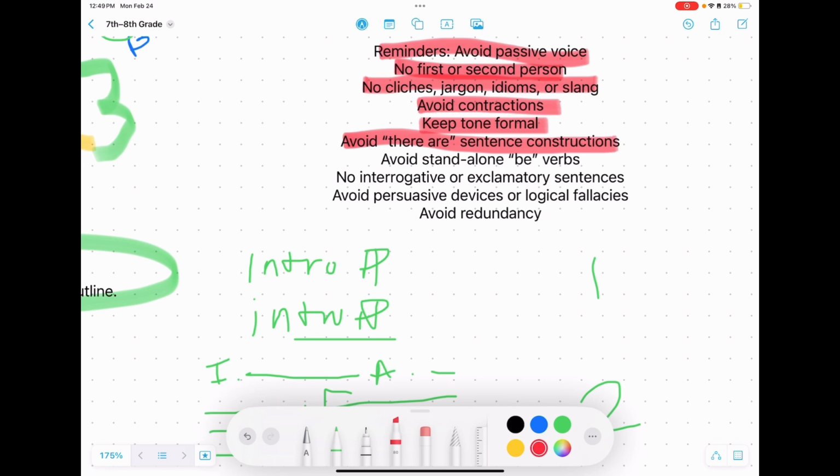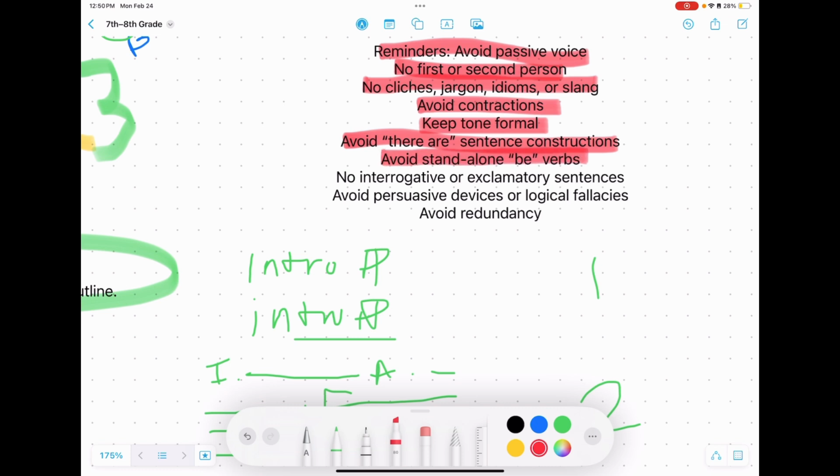Avoid there are sentence constructions. Those are just weak. We have talked about them. Of course, remember for the thesis and the topic sentence, those need to be your strongest sentences, with the subject of the paragraph as the subject of the topic sentence. And with the thesis, the subject of the paper should be the subject of the thesis. You need a strong verb.